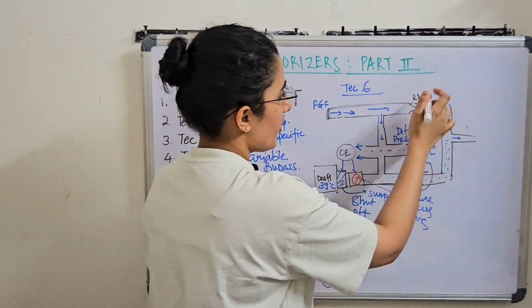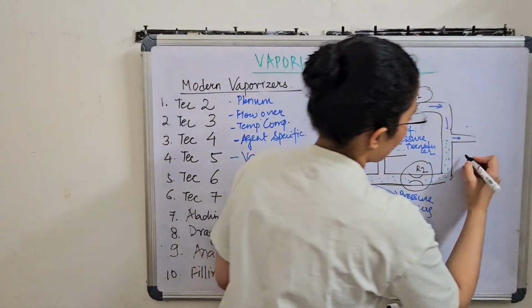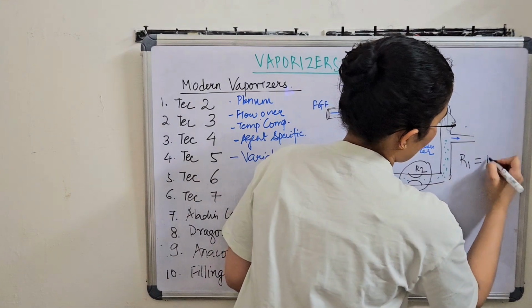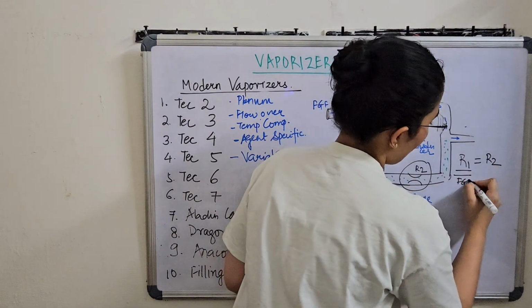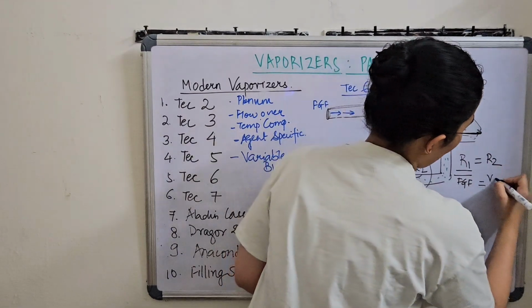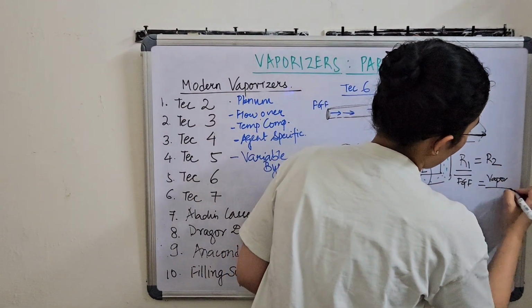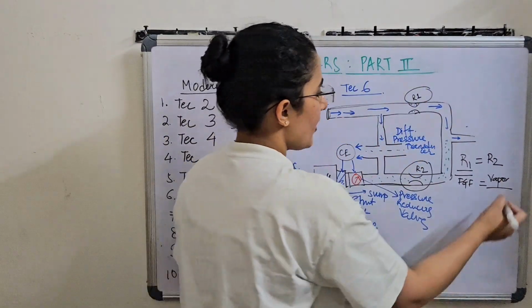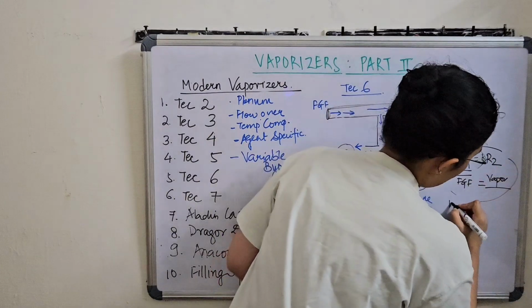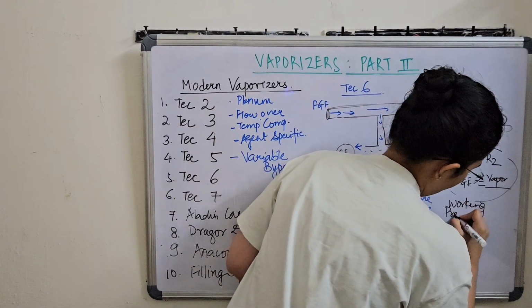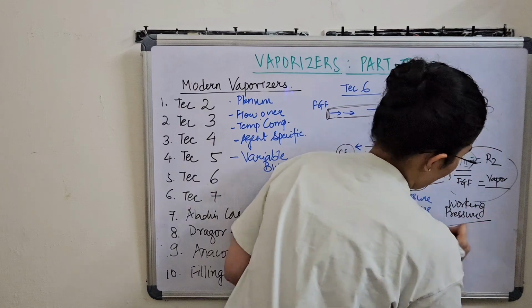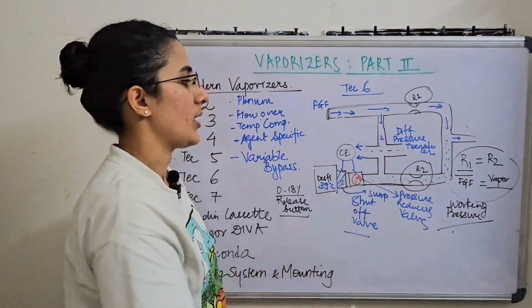The main work of this is to ensure that R1 becomes equal to R2. That is, the pressure exerted by the fresh gas flow should be equal to the pressure within the vaporizer side. When this happens, it is called the working pressure of the vaporizer.